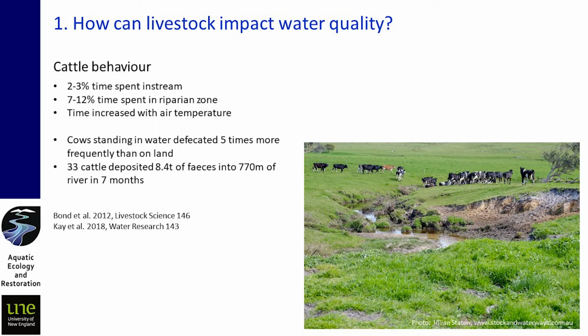Studies have also shown, and this is the study that came out of the UK, that cows standing in water defecated 5 times more frequently than if they were out in the adjacent paddocks. For that particular study, on less than 1 kilometre of stream length, only 770 metres, 33 cattle deposited 8.4 tonnes of faeces within 7 months.